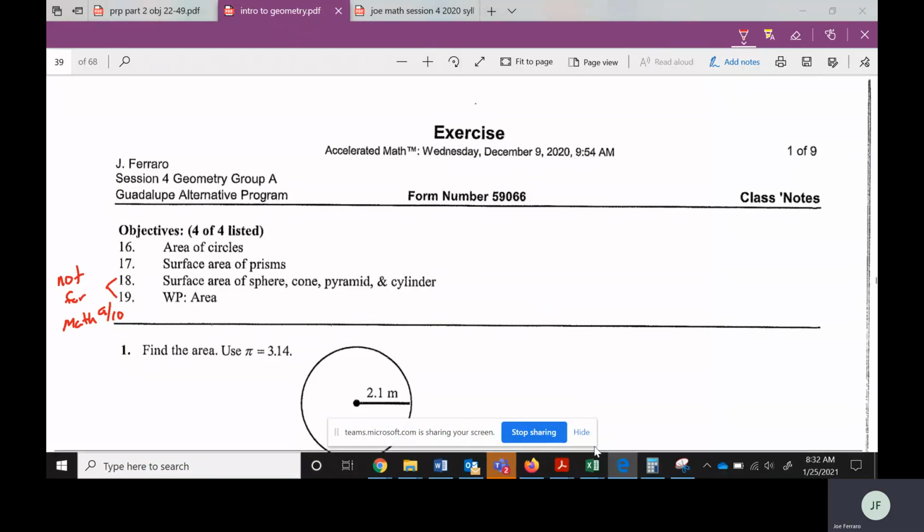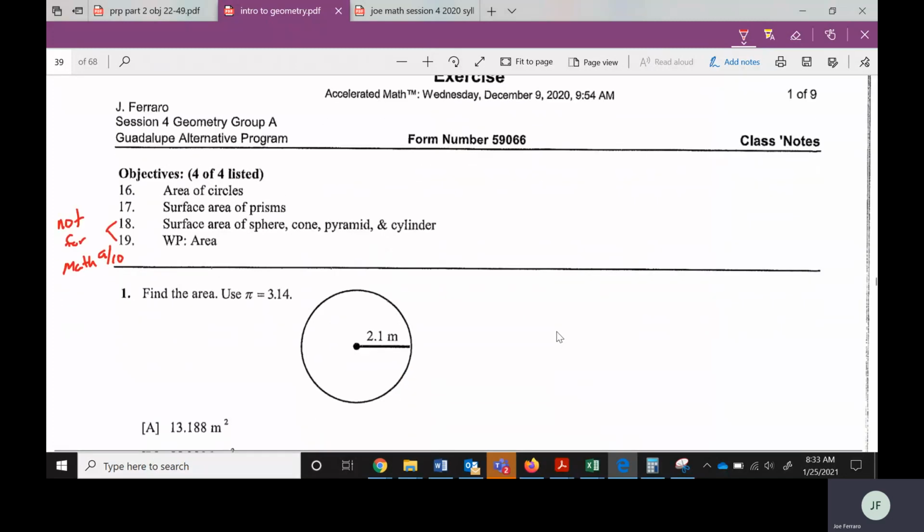So if you're in Math 9-10 right now, you're only going to have to worry about 16 and 17. So I will show you what problems you should be doing. And then when I give a test, it'll only be 16 and 17.